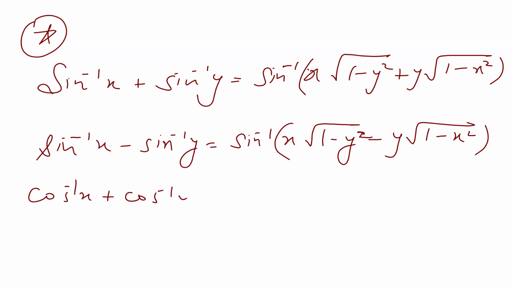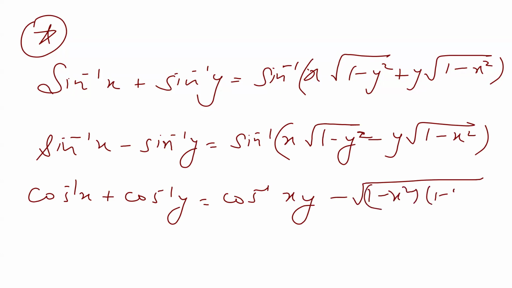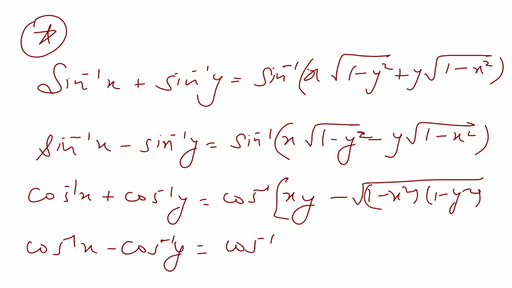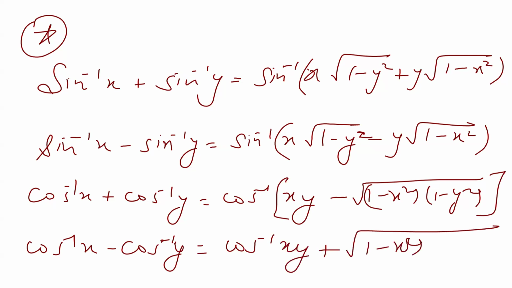Cos inverse of x plus cos inverse of y is cos inverse of xy minus root of 1 minus x square times root of 1 minus y square. Cos inverse of x minus cos inverse of y is cos inverse of xy plus root of 1 minus x square times root of 1 minus y square. Okay.